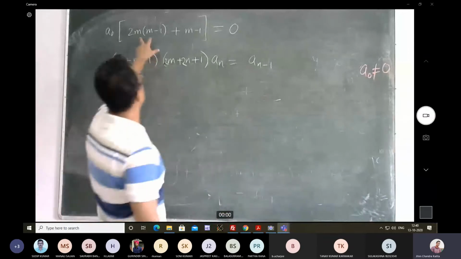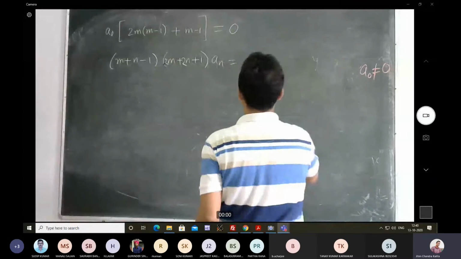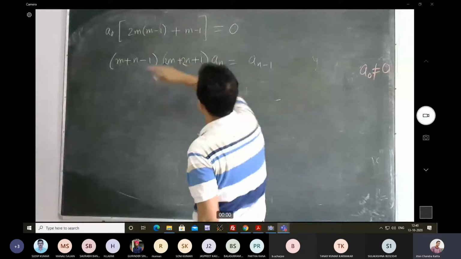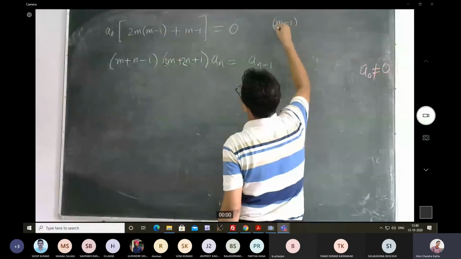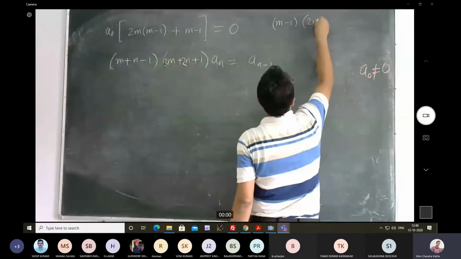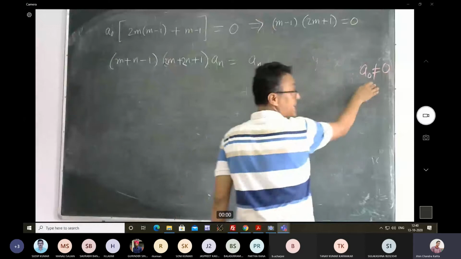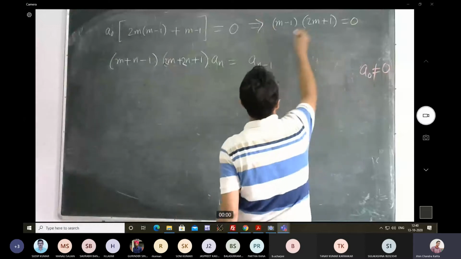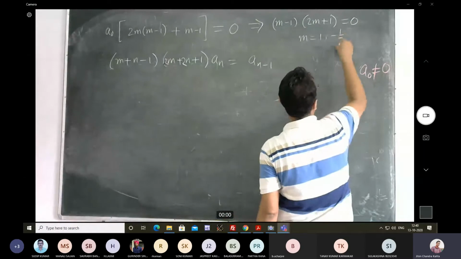So that brings us to the fact that from here, I am going to get m minus 1, 2m plus 1 equal to 0, isn't it? Because a naught is not equal to 0. Of course, that is going to give me m equal to 1 and minus 1.